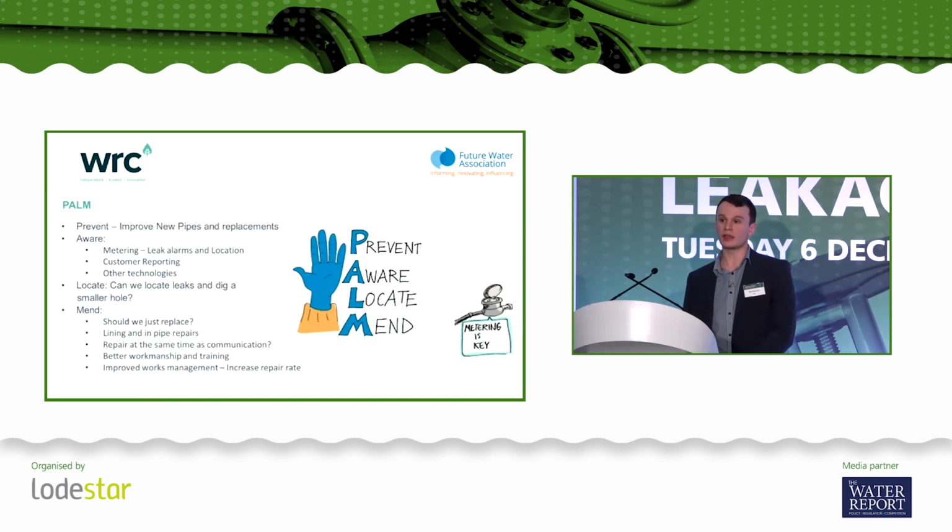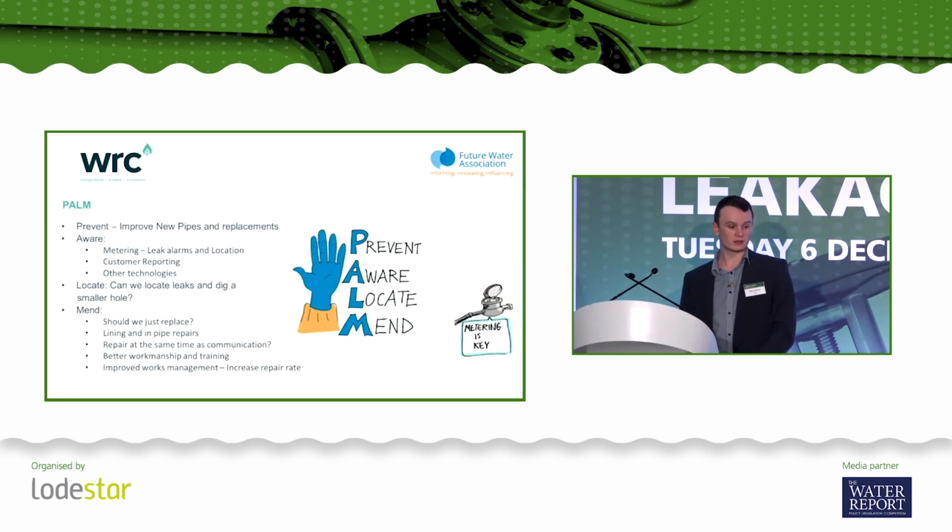Then looking at locate, there was also a discussion around, can we locate leaks better, even on a customer basis? Or alternatively, can you mend without having to find the leak along a customer's driveway and reduce the overall footprint that we're making?